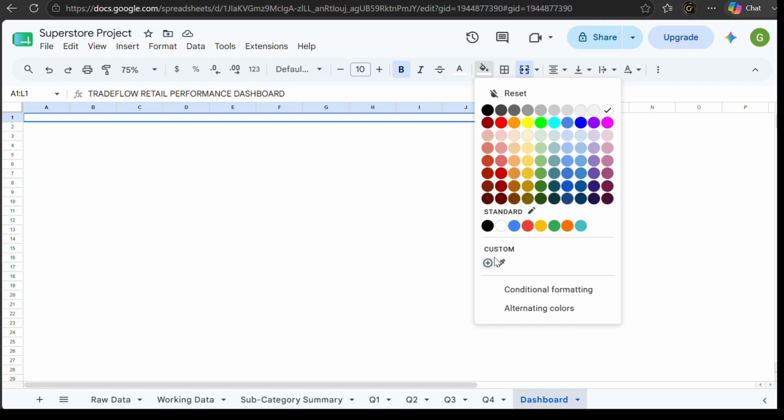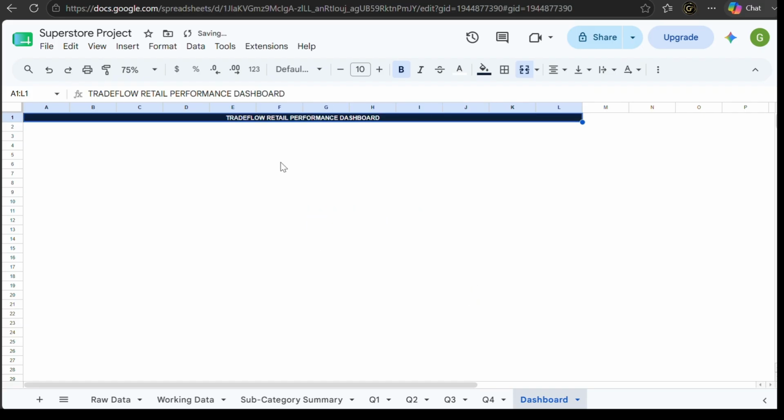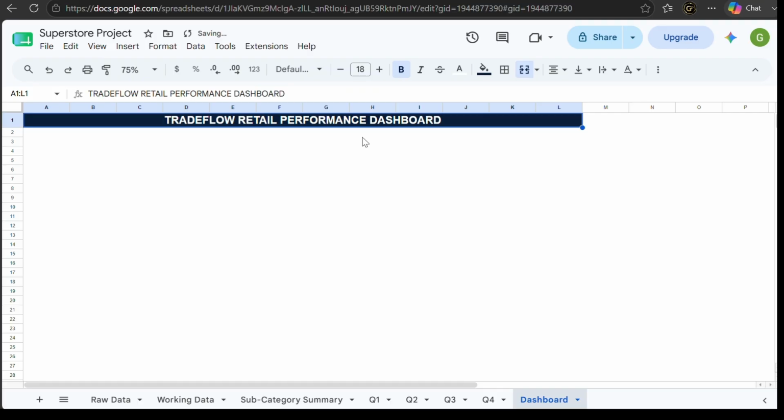So I think I'm going to have to add maybe a custom color, say 0B1F3A. Yeah, I think I prefer this particular color. Looks cool to me. Then I'm just going to increase the font size. Yeah, I think this is good to me. Trade Flow Retail Performance Dashboard.